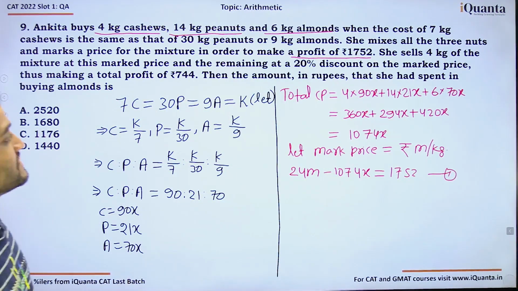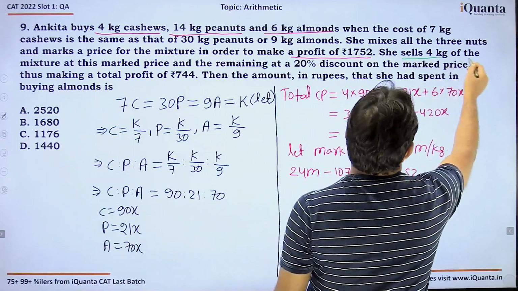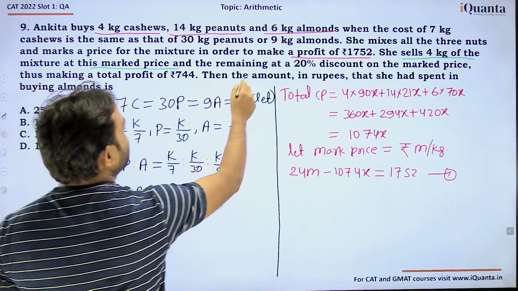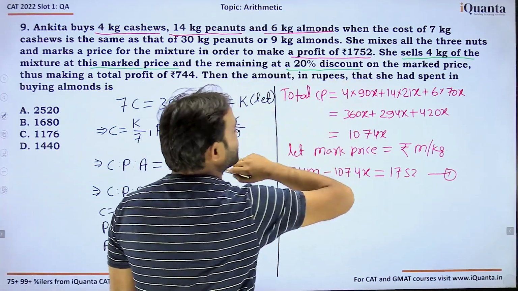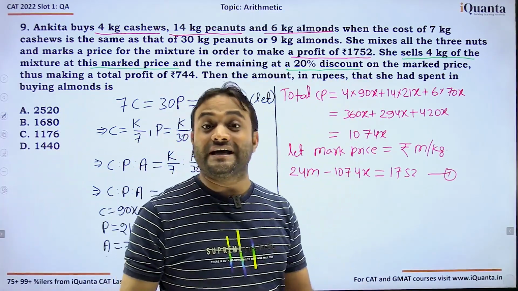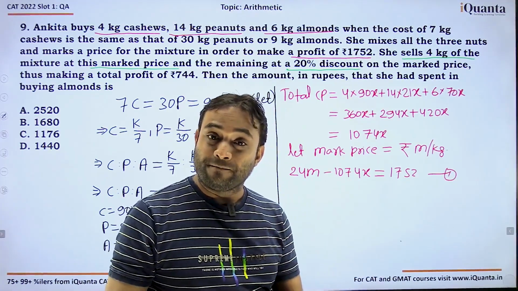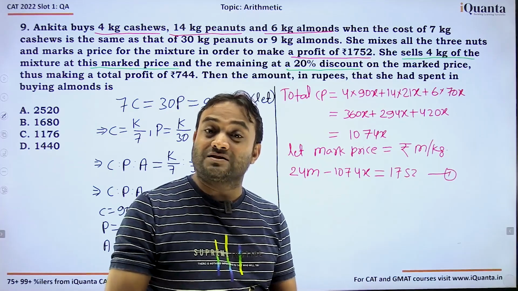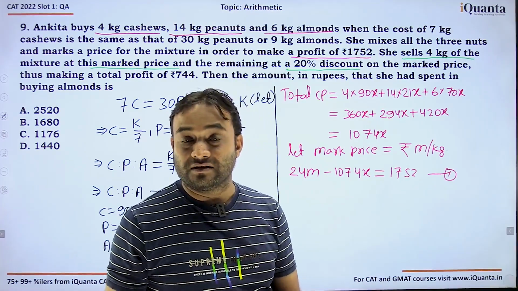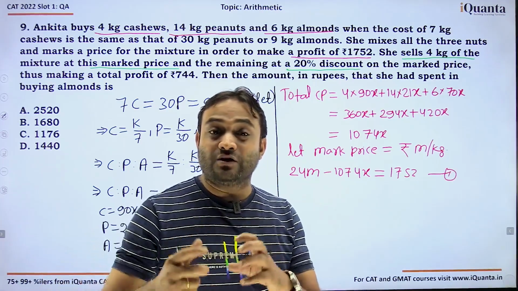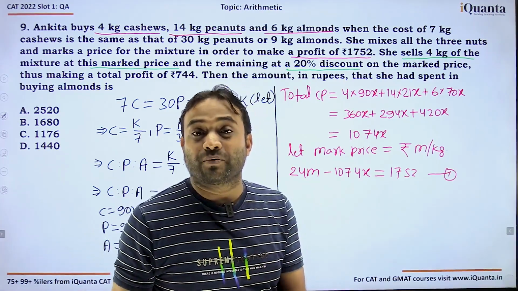Next it says she sells 4 kg of the mixture at this mark price and the remaining at 20% discount. The remaining is 20 kg. So 20% discount on 20 kg. We can say 20% means 1/5 of 20 kg, so basically the discount we are giving is equivalent to 4 kg at mark price.